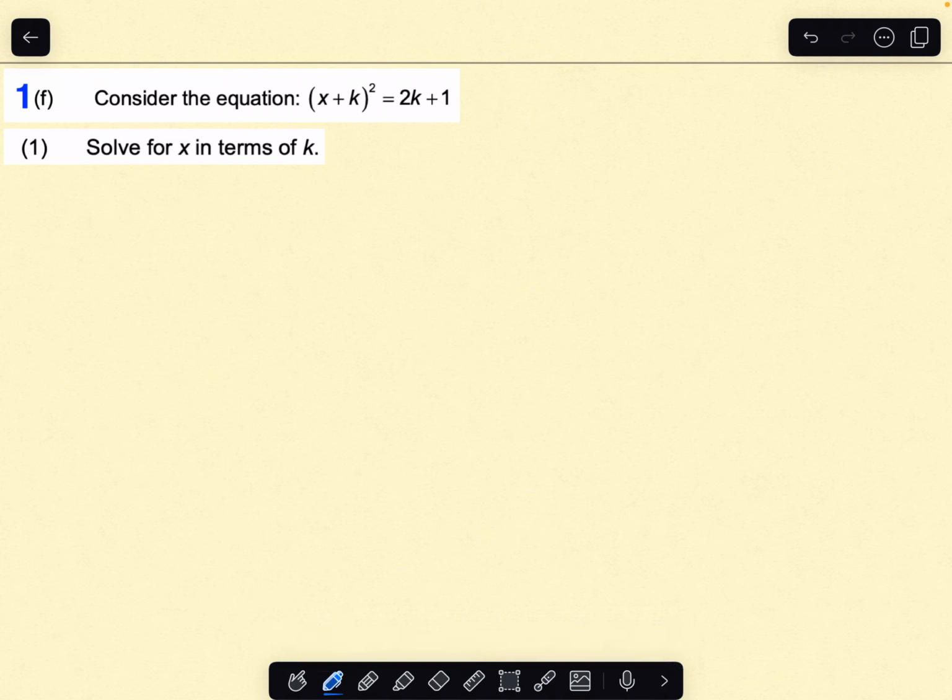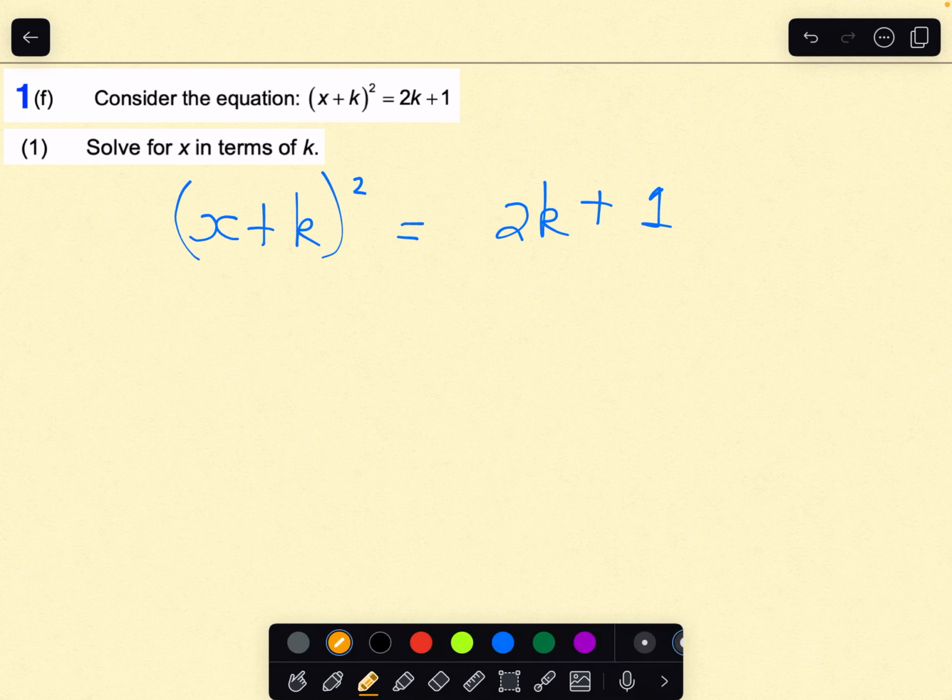Let's do it. I'm just going to write out the equation again. The first thing we said we need to get rid of is the square, and we're going to do that by taking the square root on both sides. Remember that it could be a positive or a negative root.